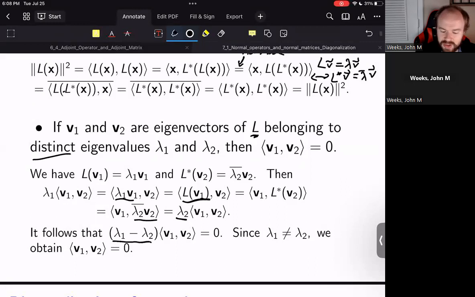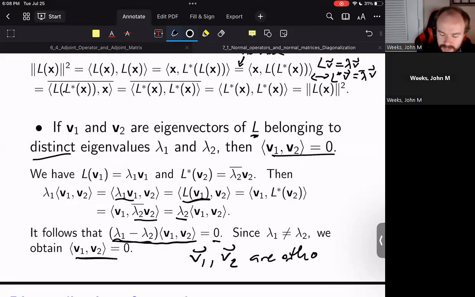So this subtraction here should be non-zero. So if these two things multiplied together give us 0, and this is not 0, the only thing that can be 0 is the inner product. And that's exactly what we wanted to end up with: v1 and v2 belonging to distinct eigenvalues are going to be orthogonal to each other. And that's what we wanted to show.